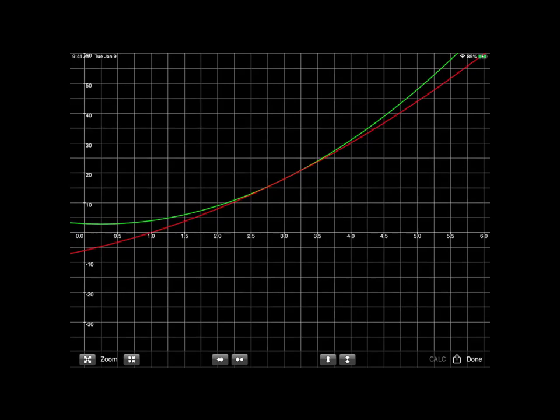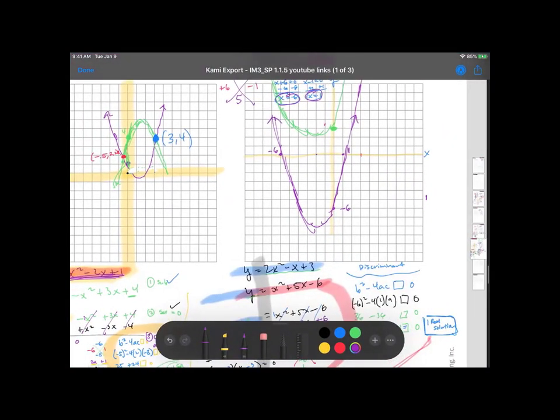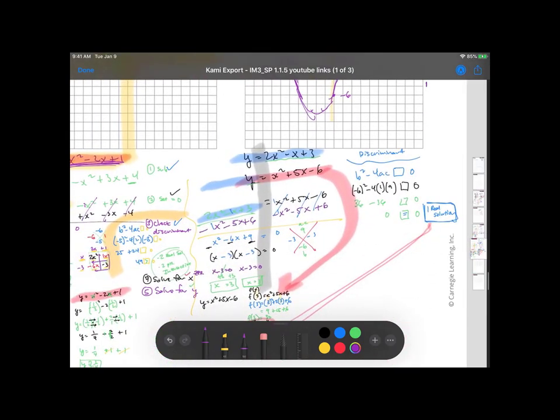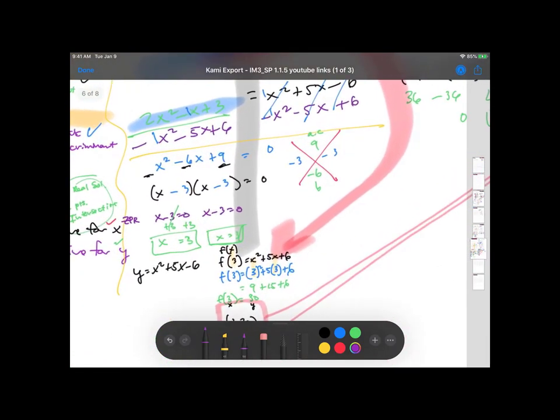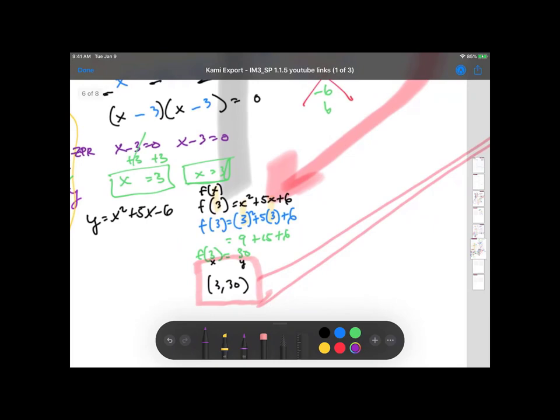Let's check our math. x plus 6. We said that it was going to be x minus 3, so x is equal to 3. I see my mistake again. It's right here.